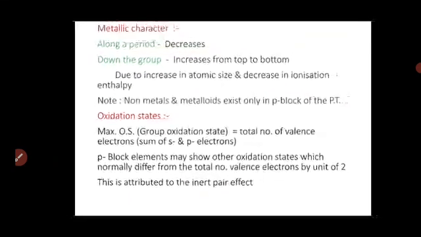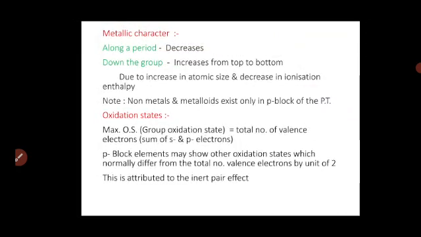Let us see the metallic character. Along a period, metallic character decreases. Whenever we move from left to right of the periodic table, metallic character decreases, whereas down the group, metallic character increases. Now, why is it so? Due to increase in atomic size and decrease in ionization enthalpy.